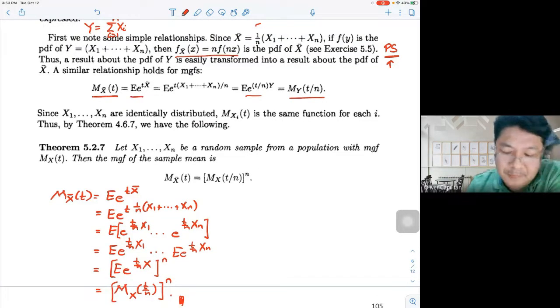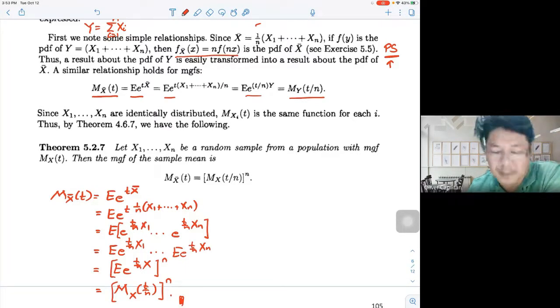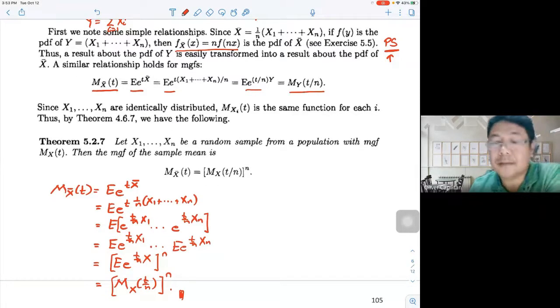The first equality is by definition. Second equality, you just substitute what is X bar here, and then after that, the property of independence, as well as identically distributed. Since the X sub i are identically distributed, the moment generating function of X sub i evaluated at t is the same function for each i.